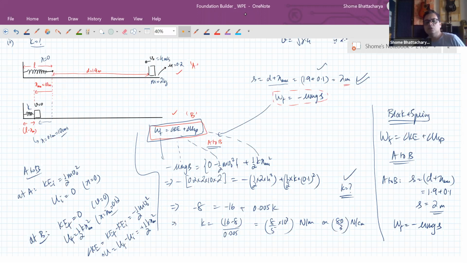Okay, and final thing now, you have to substitute all the values in proper SI units. So make sure that you convert the 10 centimeters to meters and everything like that. Yeah, you have to be careful about that.